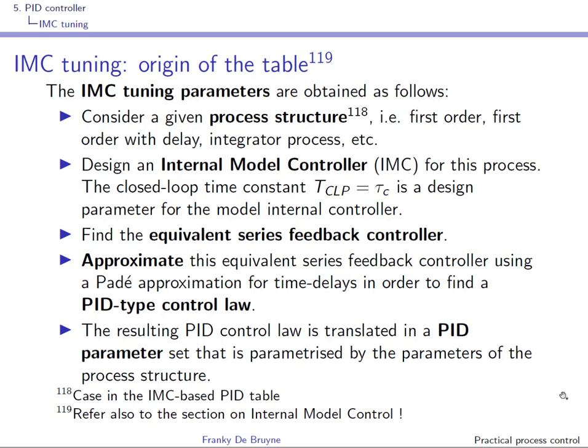From the IMC controller, they have constructed the equivalent series feedback controller, and they have approximated this controller using PID type approximations. You remember that e to the minus theta s is approximately 1 minus theta s. This type of approximation they have used to obtain an approximation that looks like a PI or a PID type controller, thereby obtaining the table that you have found in the course.